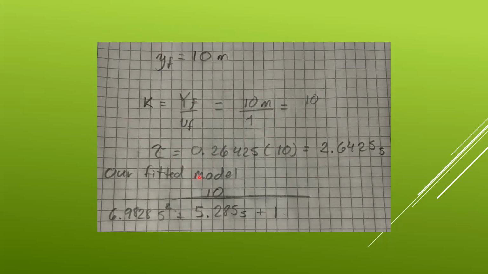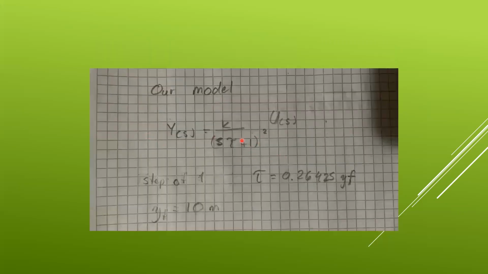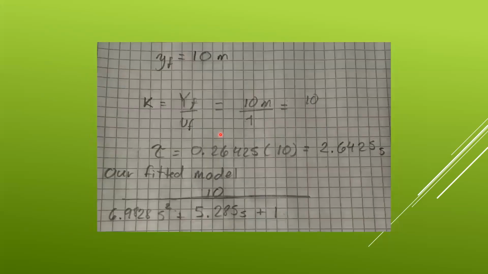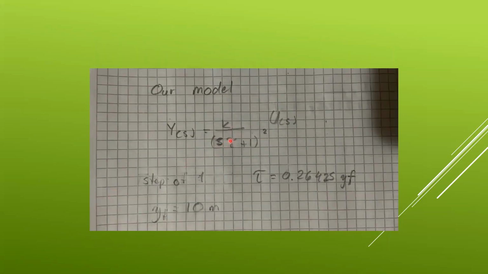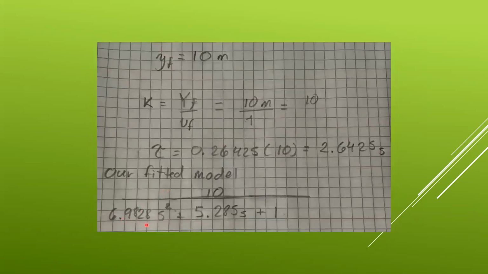Finally, we can write our fitted model by expanding our polynomial and putting in the values that we got. So k is equal to 10. Then we have that this has to be the square of tau times s, square of s, which is going to be 6.9828.